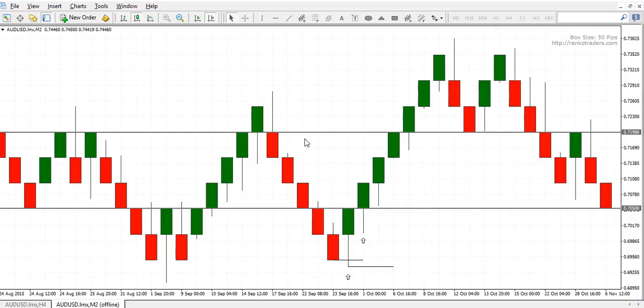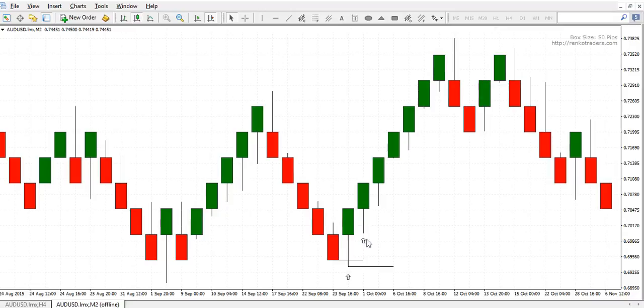Now on the same chart, I want to show you the pattern that you will come across quite often, and that is a failed pattern. Notice the high that's formed here. Now you do have a reversal bar right here, but if you notice, the low of the reversal bar is a lot higher compared to the low of the previous bar prior to the reversal.